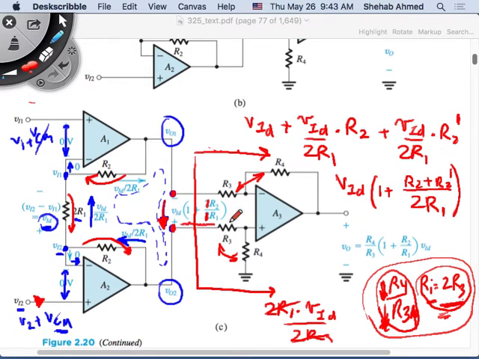This is going to then be amplified by the difference amplifier gain, which is R4 over R3. Did this bother me?